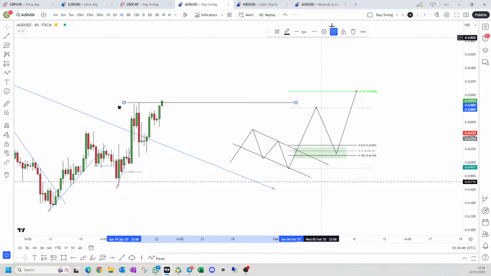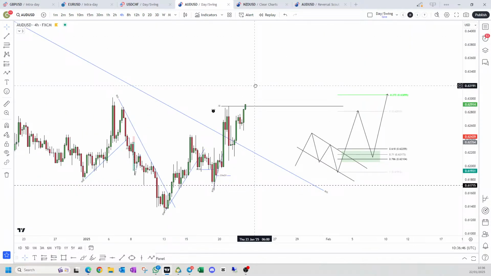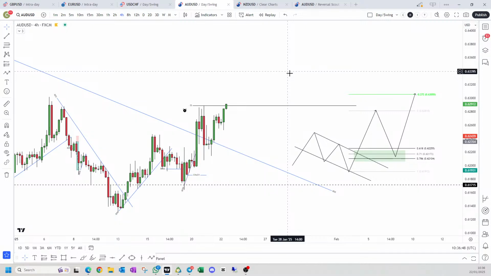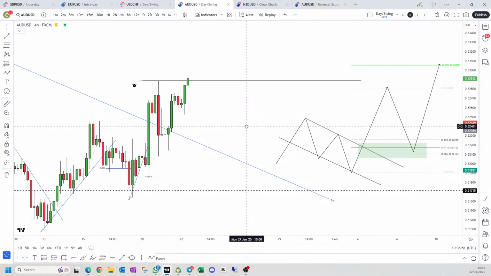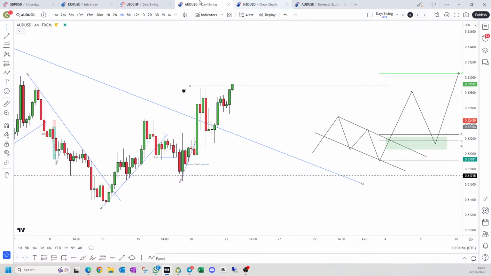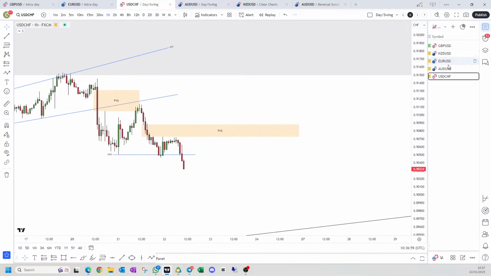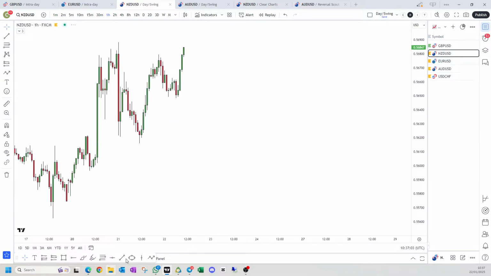So it looks like this substructure is breaking right now. We'll see. Check on AU and NU, which will both be breaking higher.